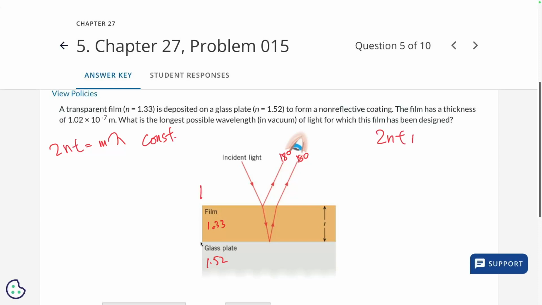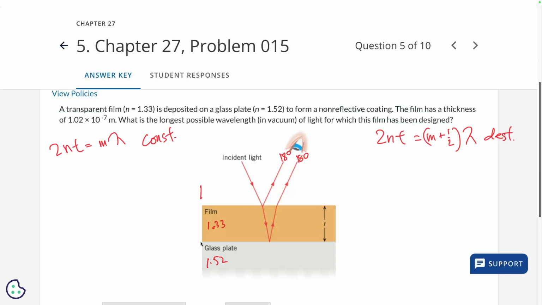If I change the second one by an additional 180, then I would get destructive, wouldn't I? Okay, so I've derived the application and meaning of the physics of the situation.